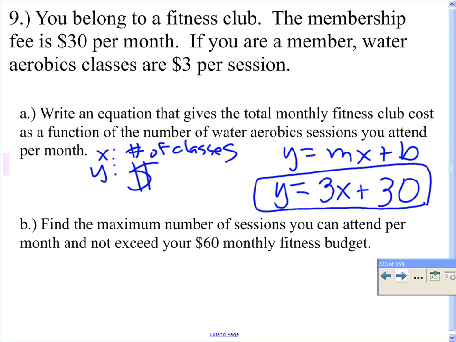Why is this here? Why does this 30 not have a variable next to it? Charles? Good. Correct. But it's only 1 month. So if this represents 1 month, why does this not have a variable next to it, Mary? We're not getting into that right now.